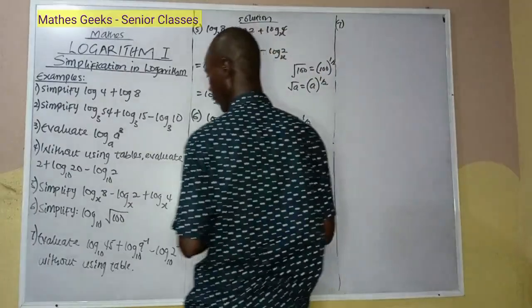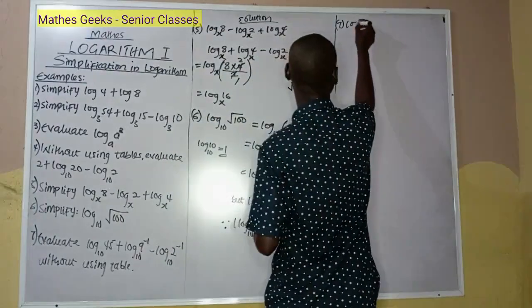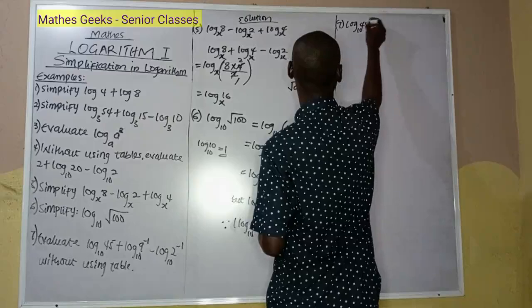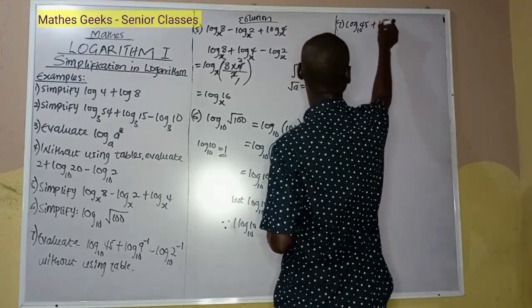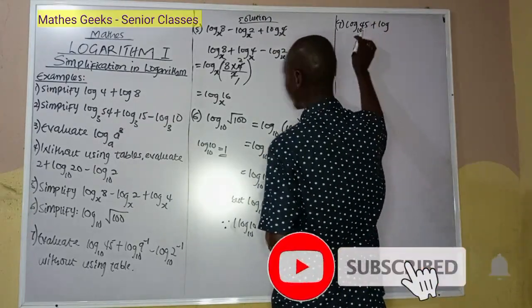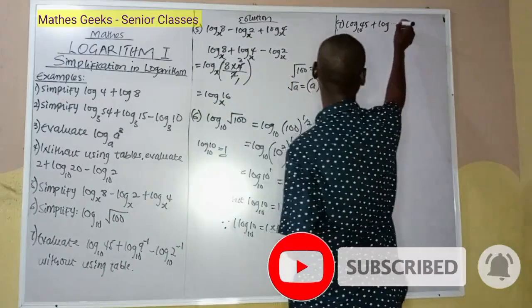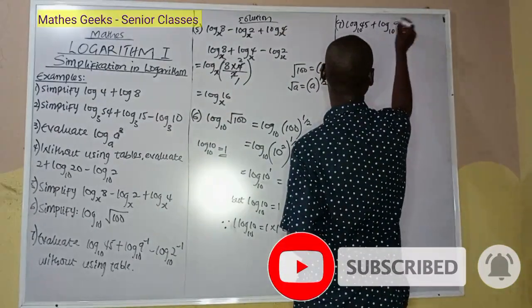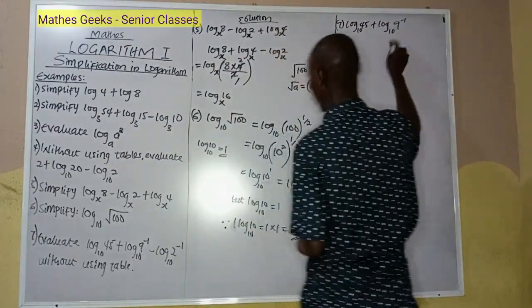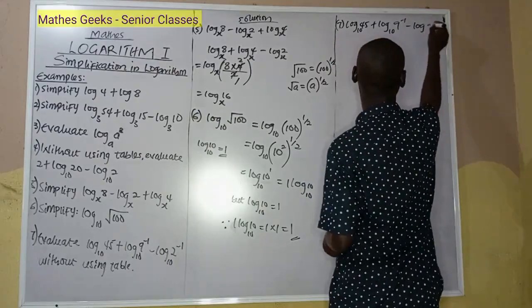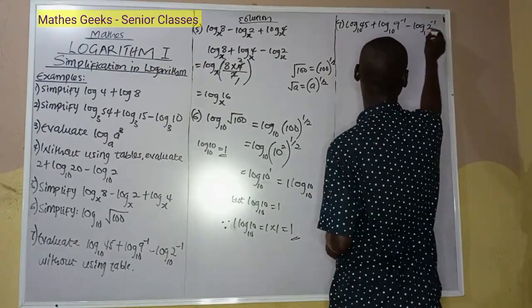Number 7: log 45 to the base 10, plus log 9 raised to minus 1 to the base 10, minus log 2 raised to minus 1 to the base 10.